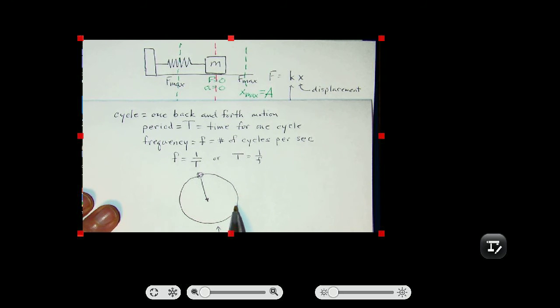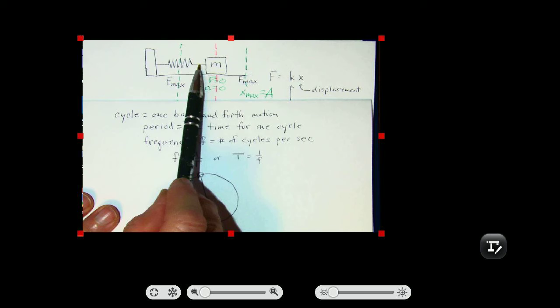It looks like it's going slowest from right here because it's not going as far in the x distance. So it actually ends up looking the same.